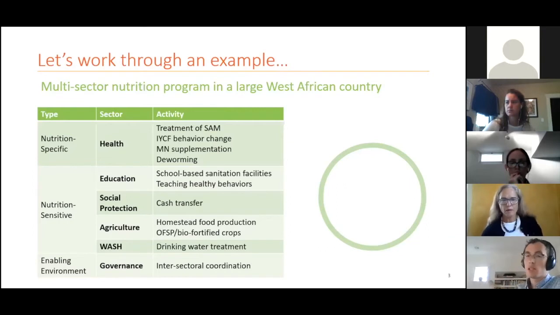So to make this process a little bit more concrete, let's imagine that we're setting out as a team to cost a very large and complex multi-sector nutrition program in a West African country.